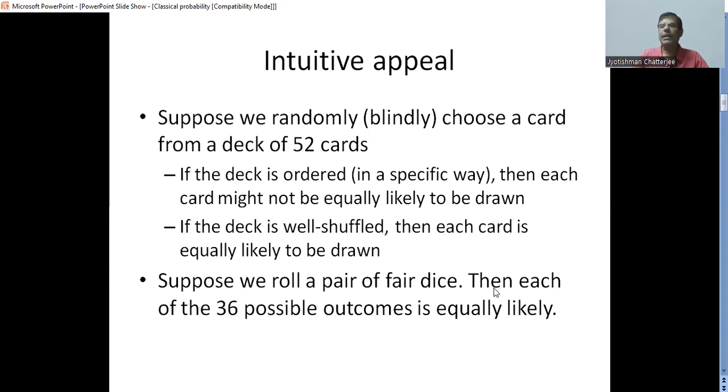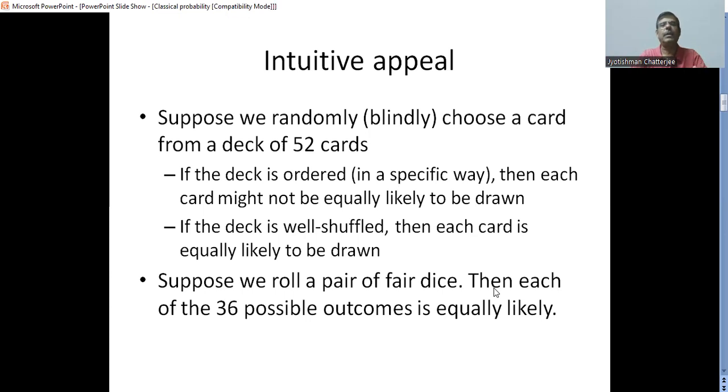Now, we have already talked about a fair die, where each side is equally likely to occur. Now, let's take a pair of fair dice. If we roll them together, we have already seen in the earlier session what the sample space is.